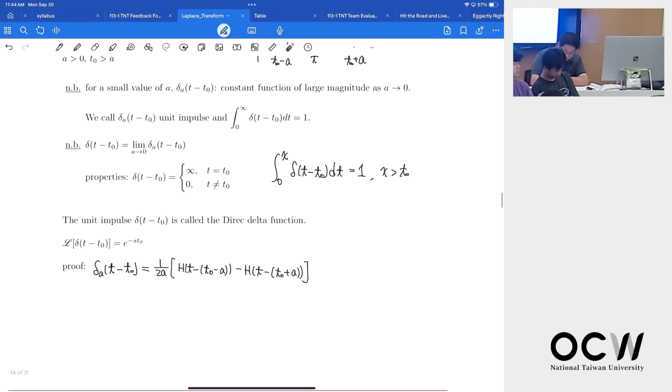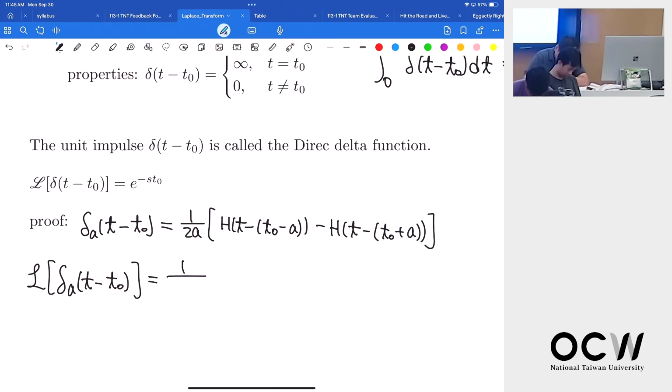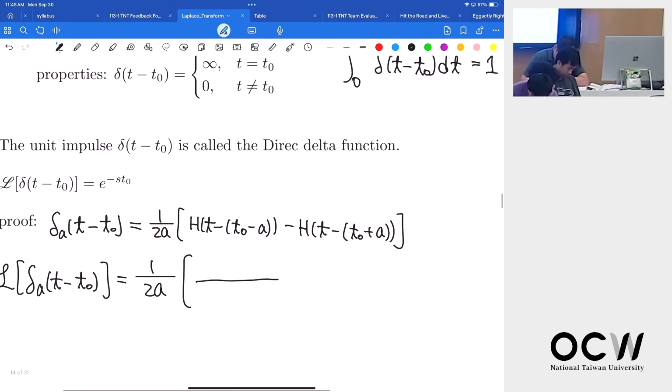So the Laplace transform of this unit impulse will be 1 over 2a times the Heaviside function.